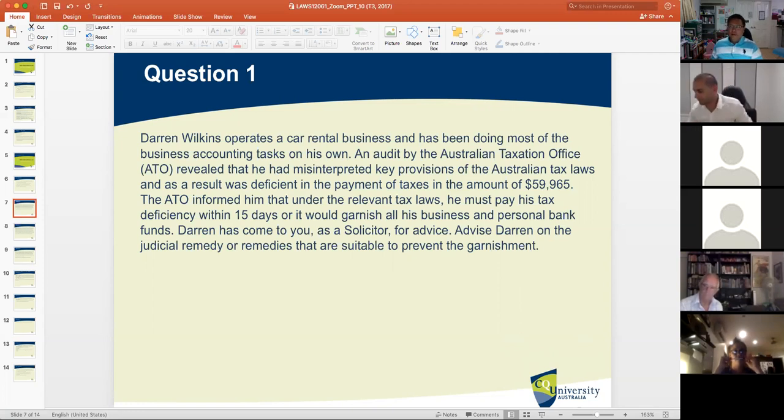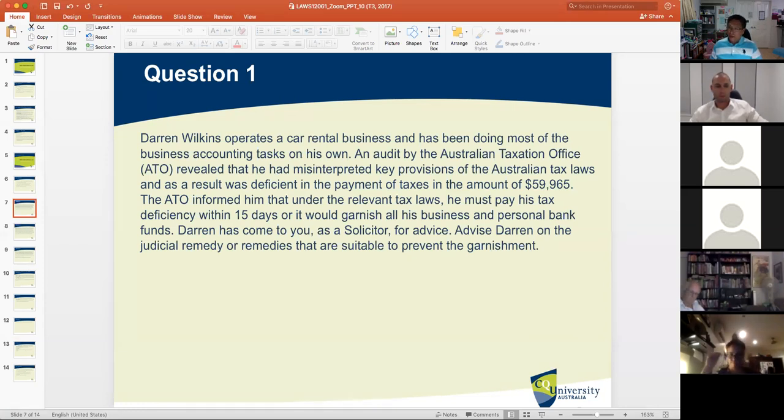Okay? Now, so prohibition is one. But the problem with prohibition is that it can take a while for the court to grant it, because it's unlikely to be ex parte.